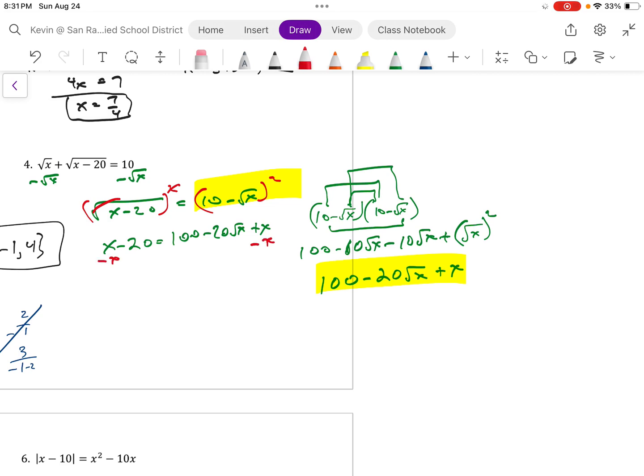Alright, so if I subtract x from both sides, then I'm left with negative 20 equals 100 minus 20 root x. And let's see, I'm going to subtract 100 from both sides.